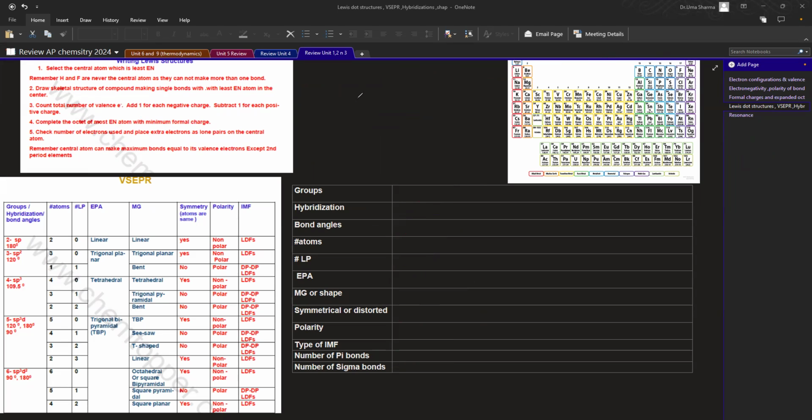And it is PO3 3 minus. Central element, skeleton, total valence electrons. 26.